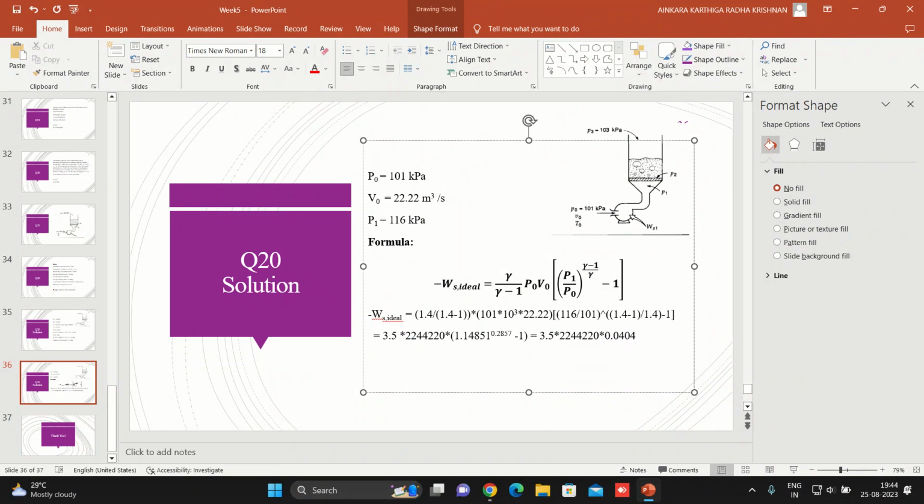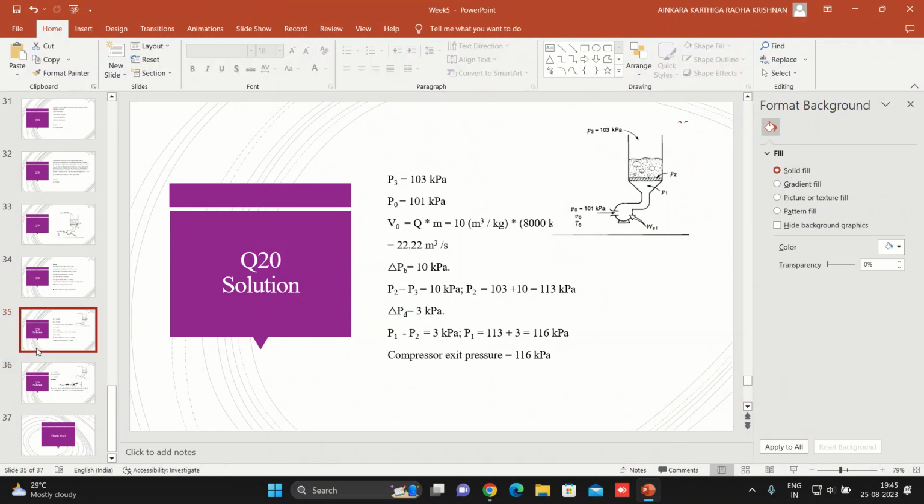So that gives us 3.5 into 2244220 into 0.0404. Something is wrong actually.